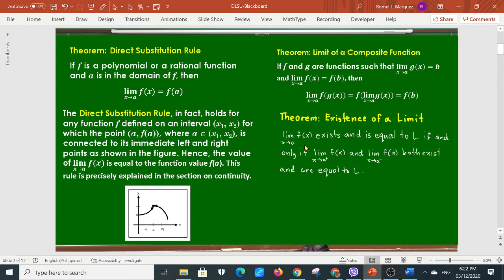So again, the limit of f of x as x approaches a, let's say it exists and is equal to L. This is true if and only if the limit of f of x as x approaches a from the right and the limit of f of x as x approaches a from the left both exist and are equal also to L. Okay? So in other words, for the limit of f of x as x approaches a to exist, both limit from the left and limit from the right must exist and are equal to L.